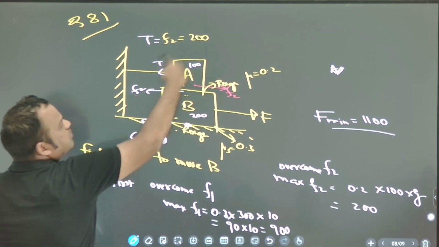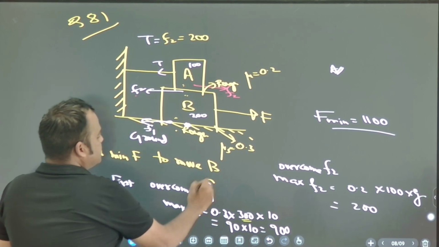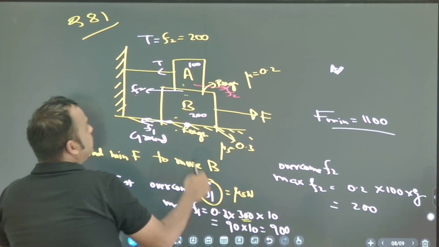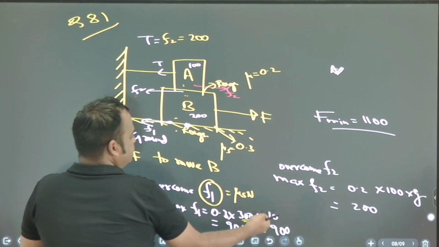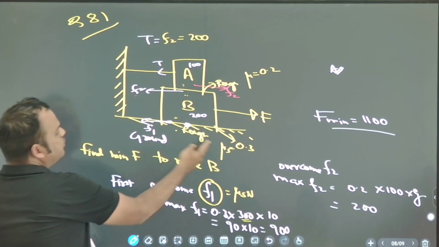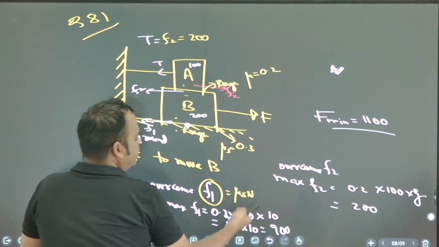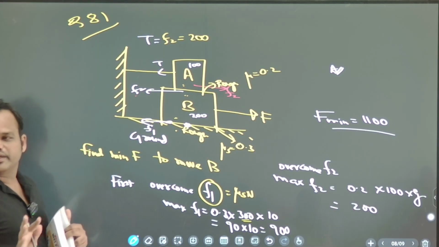Total mass. What is total mass? 300. Correct. So maximum value of F1 will be mu s n. Now what is normal here? 300, so 300 G. What is mu value? 0.3. So what is F1? 0.3 into 300 into 10. So this is 900. Okay, clear?